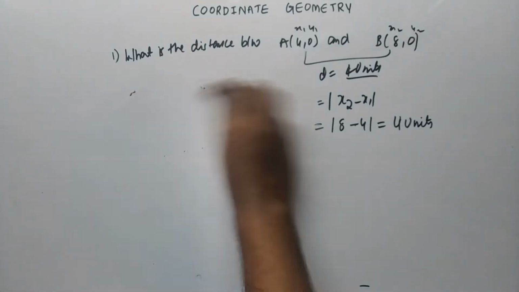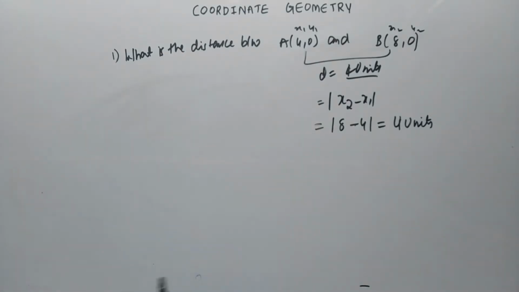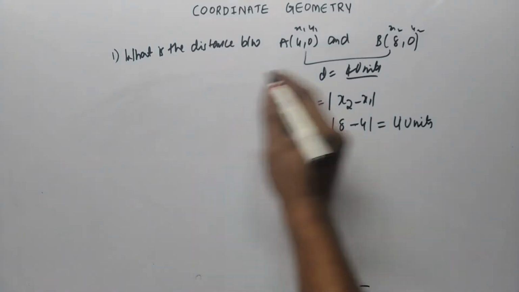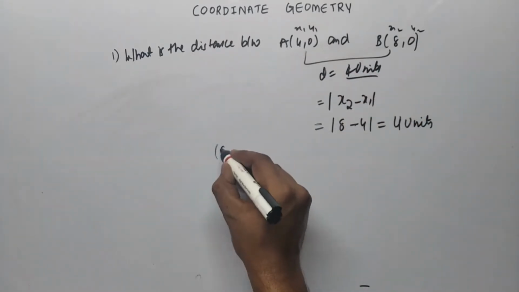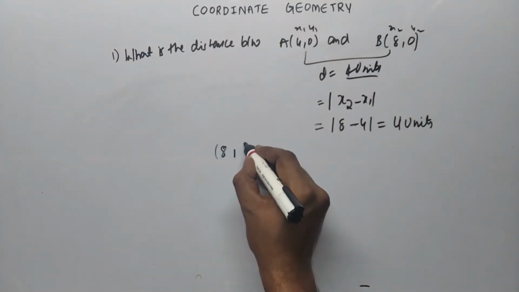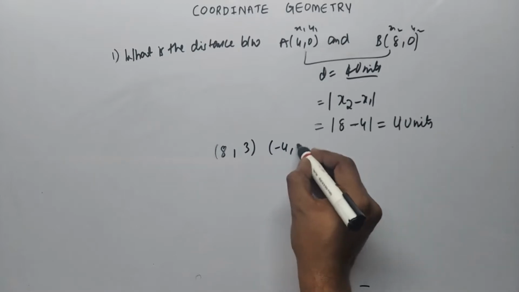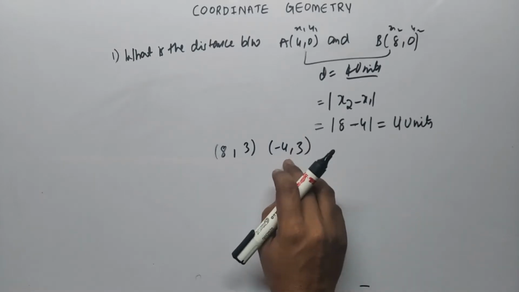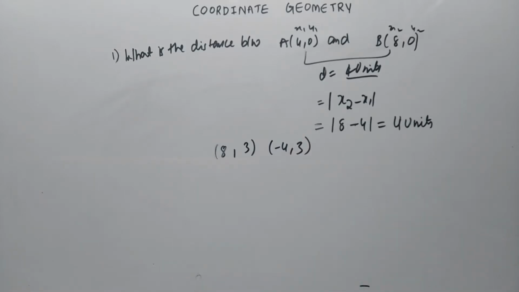Suppose I take some other question. Now I am taking another question, which is also given in your textbook. It is asking to find the distance between 2 points. The points are 8,3 and minus 4,3. So how can you find the distance between these 2 coordinates? This can also be done with the help of the same formula, or else you can substitute in the distance formula.